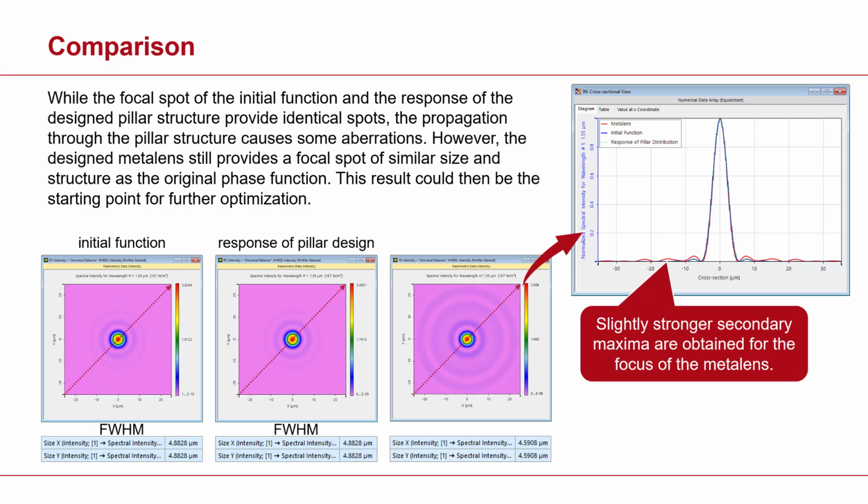This assumption appears to fail slightly, not very much, but there are some discrepancies with the ideal case. That could be the reason. The fact that this assumption is not perfect. So maybe this initial distribution of pillars would lend itself to further optimization, as we saw in the previous example with a beam splitter.